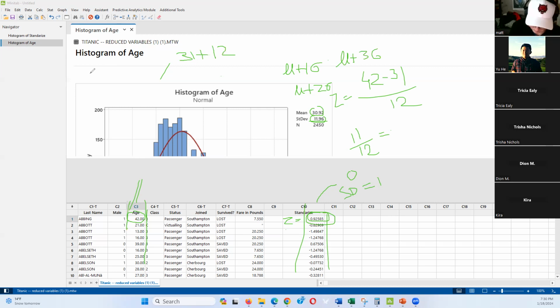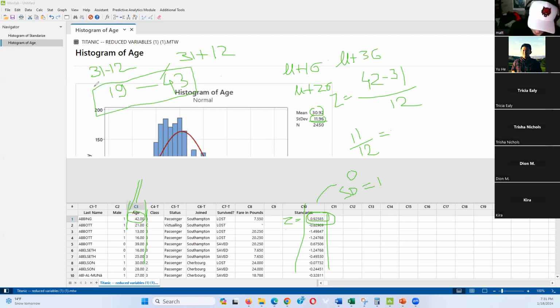And mu minus 1 sigma, so 31 minus 12. Look into that. What is the value here? 19. This is lower 19, and this is 31 plus 12, 43. And this is plus minus 1 sigma. Now you can arrange this number in order and check how many values are there between 19 to 43.